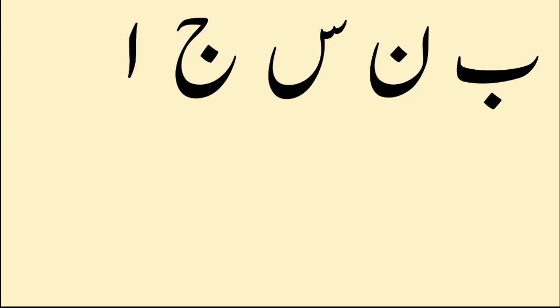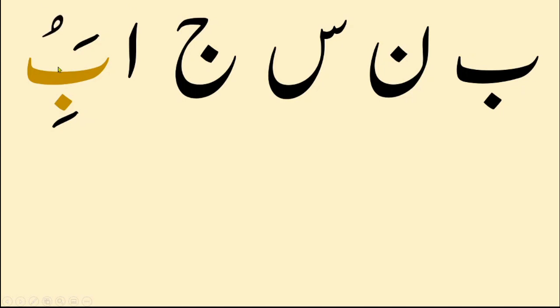So alif, two uses. In the beginning, no sound. In the middle and end, always a sound. And then we saw that if you put a little mark on the top, this slanted line, it's called zabar. That gives you a sound, right? And the same symbol underneath the letter becomes zer and gives you a sound.